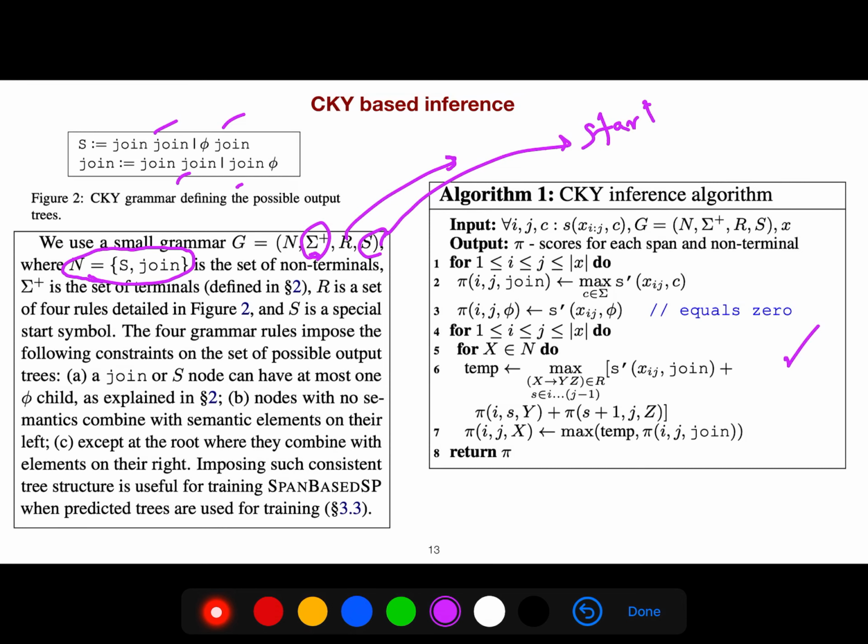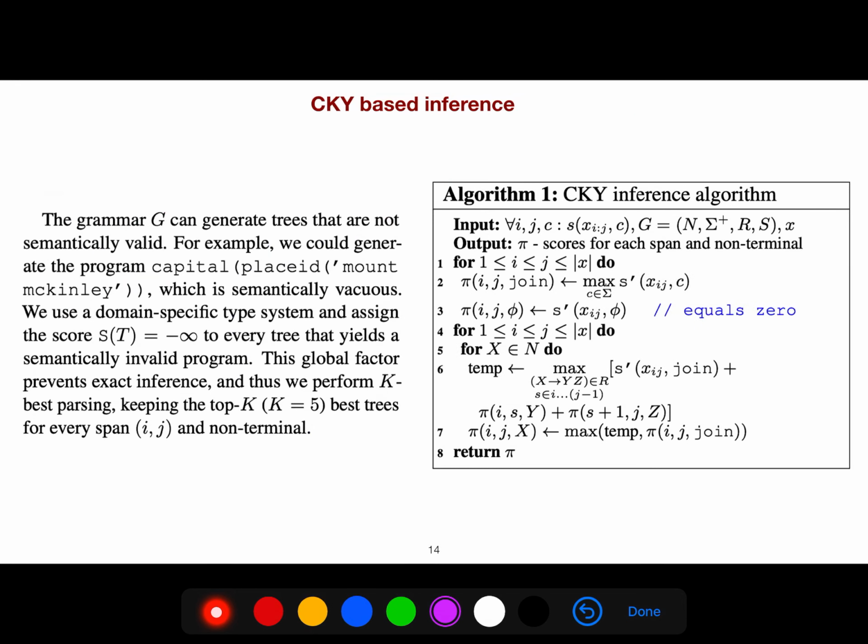Nothing important. And when you move on, we see that the grammar can generate trees that are not semantically valid. For example, we could generate the program capital of place ID of Mount McLean, which is semantically invalid.